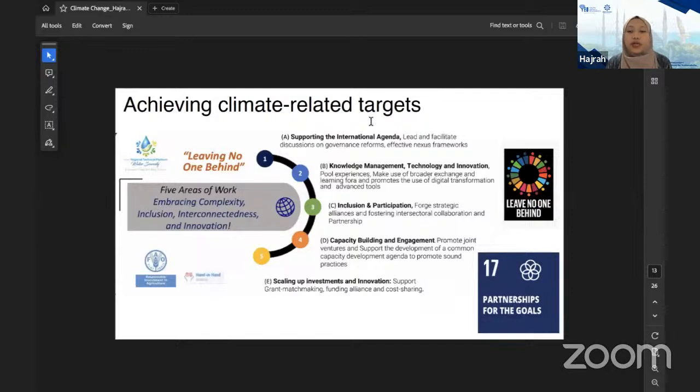So therefore, goal number 17, partnership for the goals, is really important here, as well as capacity building and engagement, and also scaling up investment and innovation.